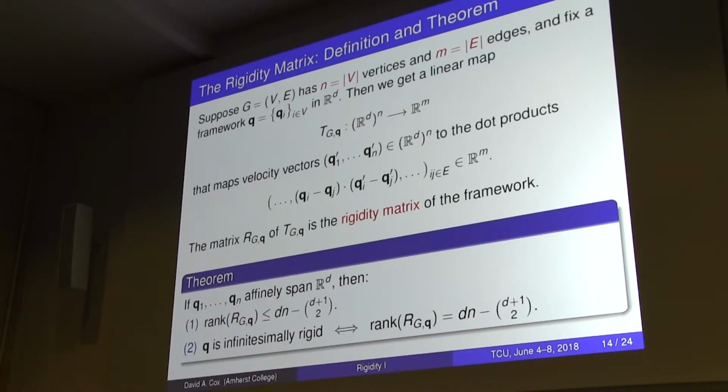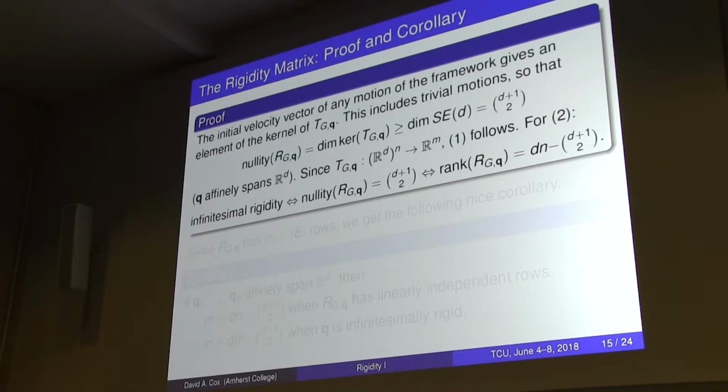And the proof is pretty harmless. You take the initial velocity vector of any motion, and it gives an element of the kernel. This includes the trivial motions. The nullity of this matrix is just the dimension of the kernel of the linear transformation, and this kernel contains the trivial motions.